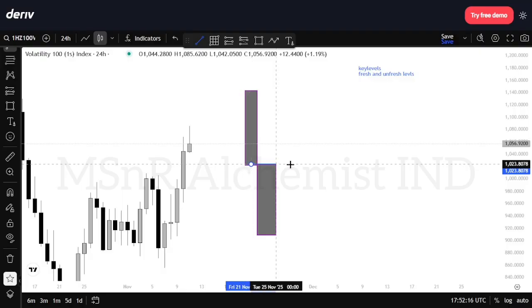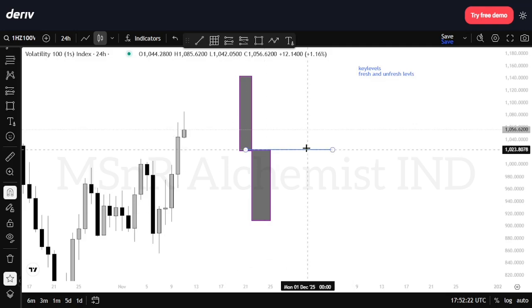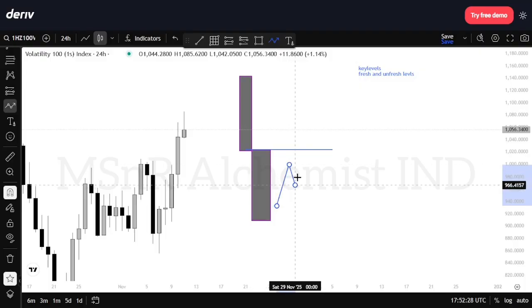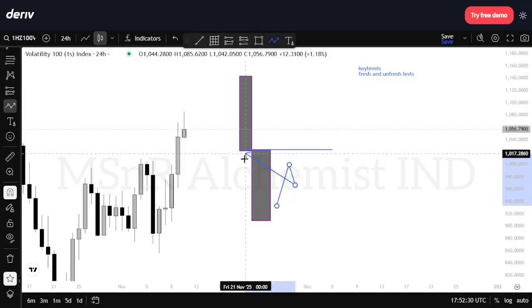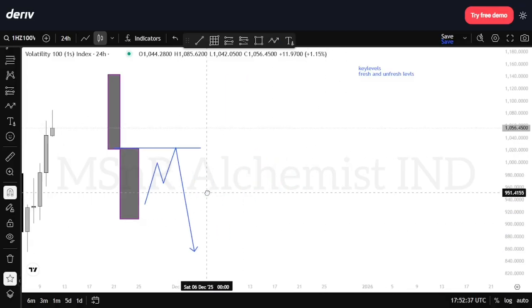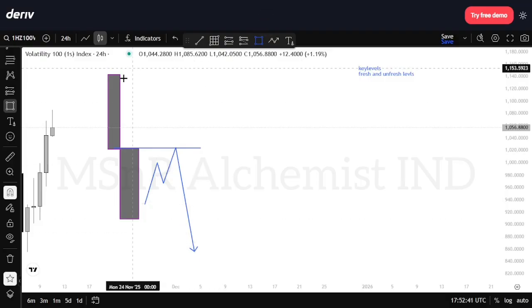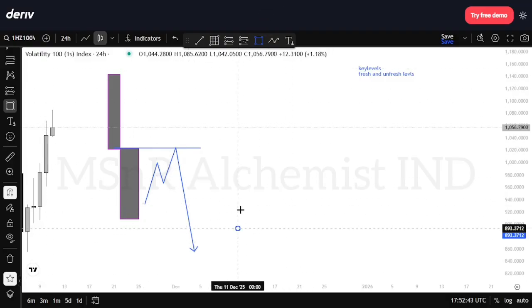So the closing of that candle becomes our resistance. We are selling, right? So this will be your resistance. Market will try to break that, but if it is a good resistance and all the criteria follow, it will play out like this.